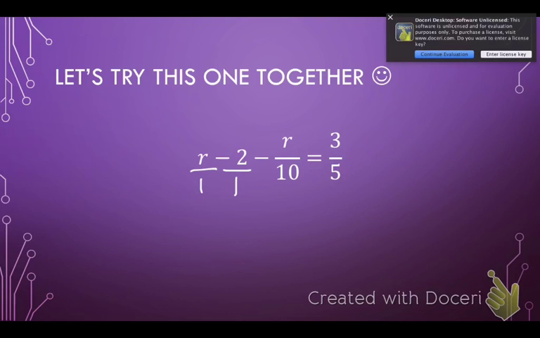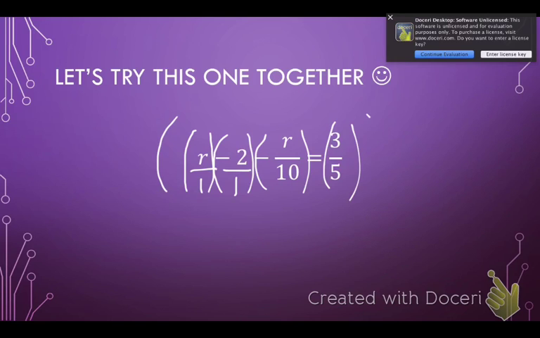So, I'm going to split up every term first because that might actually help you a little bit. So I have r, I have -2, -r over 10, 3 over 5. So I'm going to multiply this entire thing by the common denominator, and my common denominator between 5 and 10 is 10. So I'm going to multiply the entire thing by 10, which means I'm going to distribute this 10 to every single term.